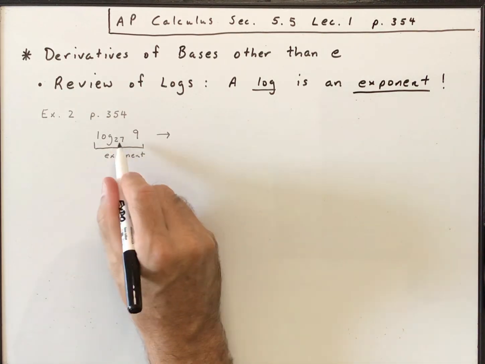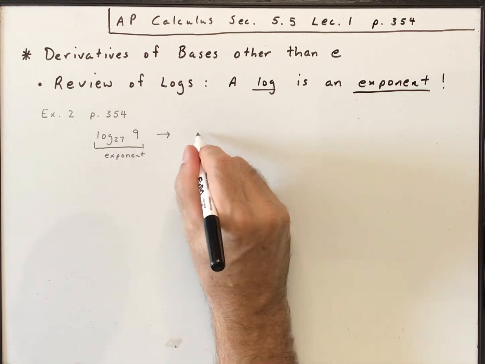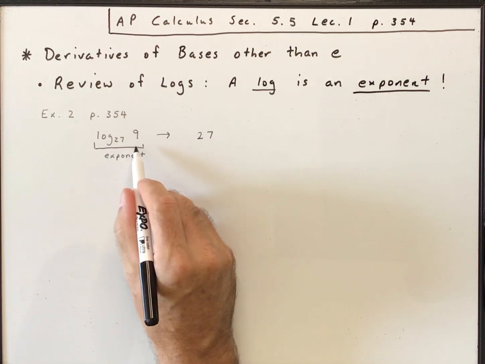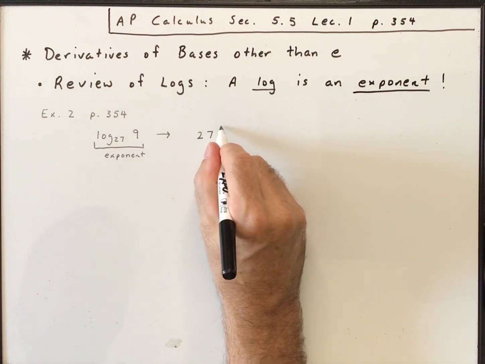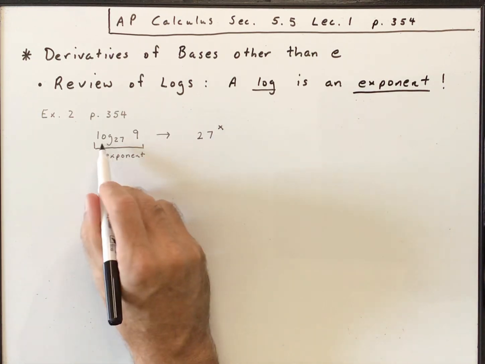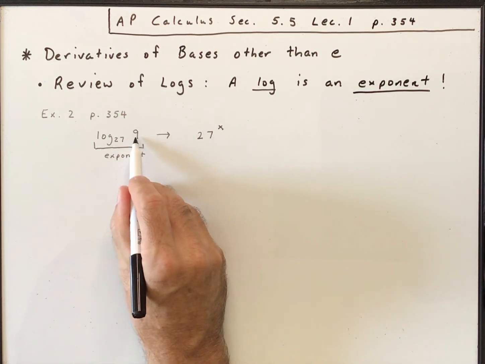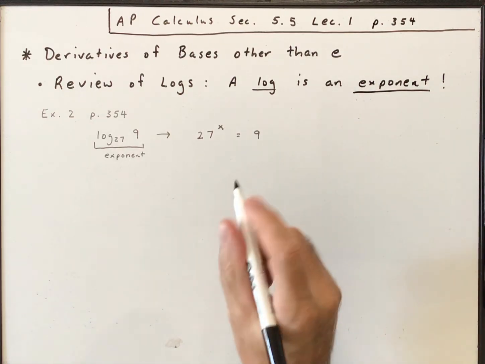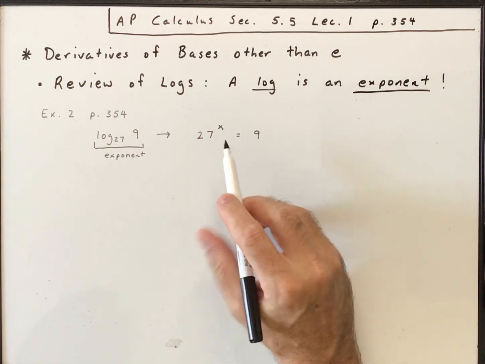All right, so the base is 27. The exponent is what we're trying to solve for when we evaluate this logarithmic expression, and we set that equal to 9.